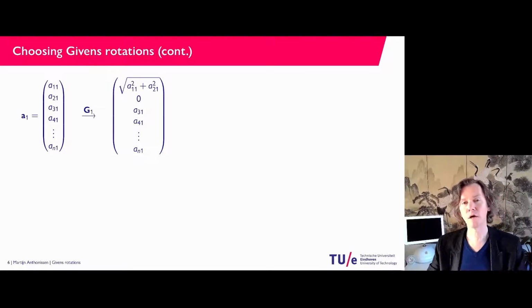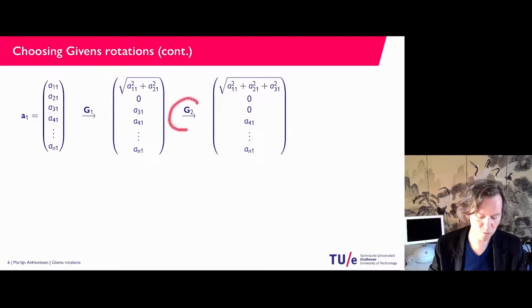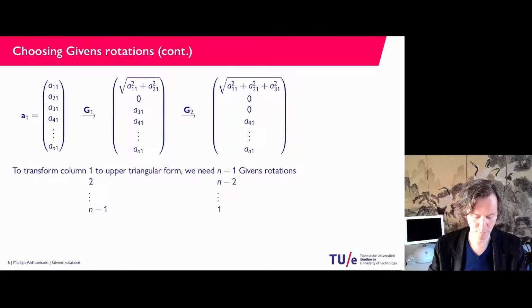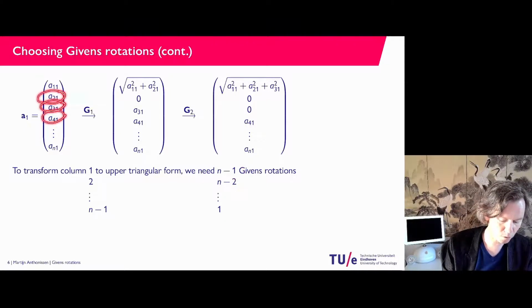So after the first step, what we are going to do is create an additional 0. So the new Givens rotation G2 should create a 0 at the third position. And since it needs to preserve length, we're also going to change the first entry again. So to transform the first column, in general you need n-1 Givens rotations, because we need to create a 0 here and here and here all the way down.